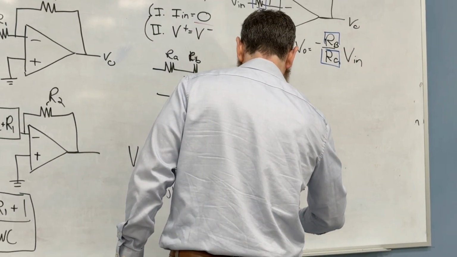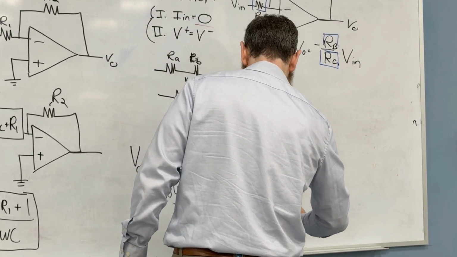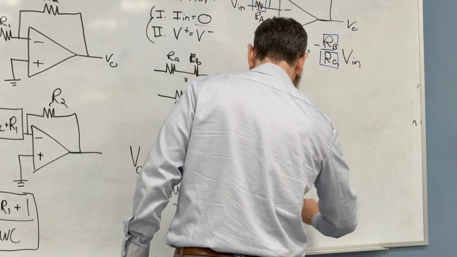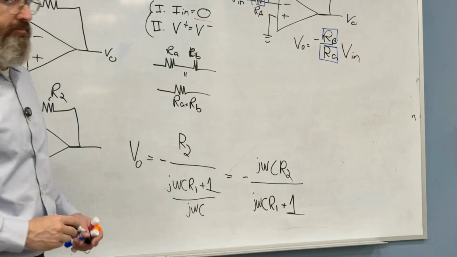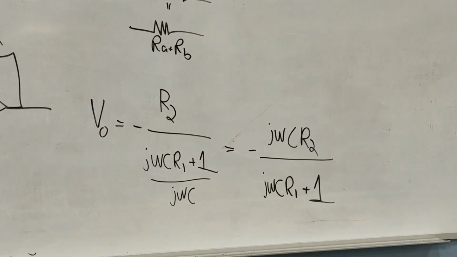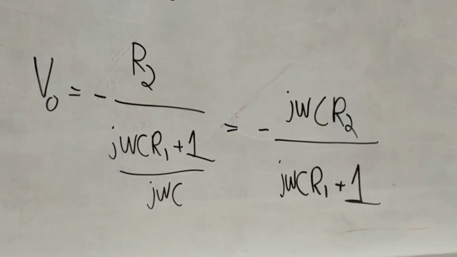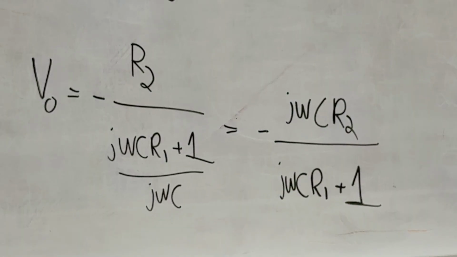Plus jωC R sub 1, plus 1. Did I do it right? Hopefully.